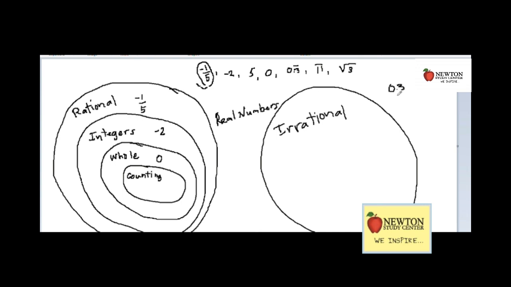So this is just equivalent to 1/3. So 1/3 is a fraction, so it should belong to the set of rational numbers but outside integers. So 0.3 bar should be here.